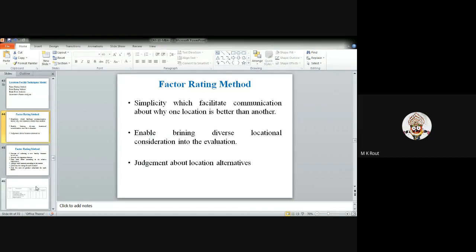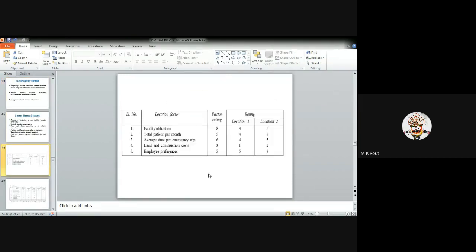Then here the problem statement is given. Just note down whatever we have discussed in case of location factors. For example, for the location factor of facility utilization, the company-provided factor rating is 8. This is a typical case study of establishing a new hospital or healthcare unit in a new location.